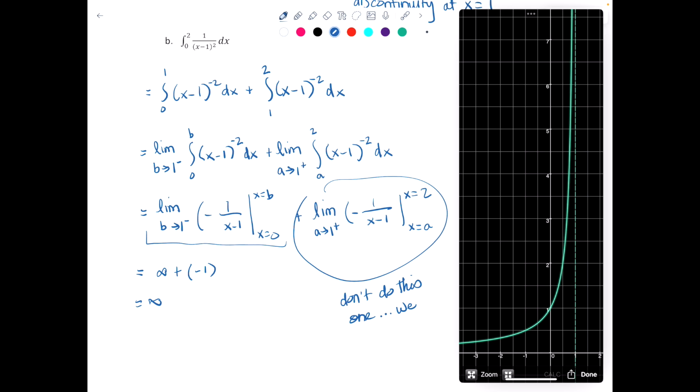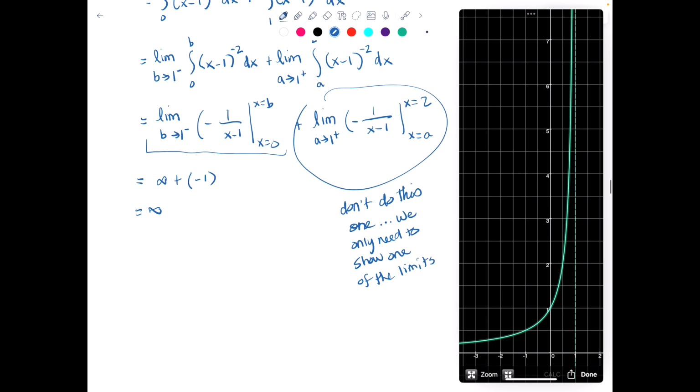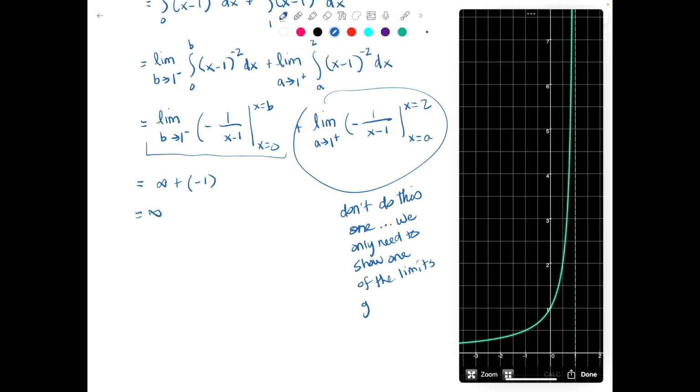We only need to show one of the limits going to plus or minus infinity, not existing, in other words.